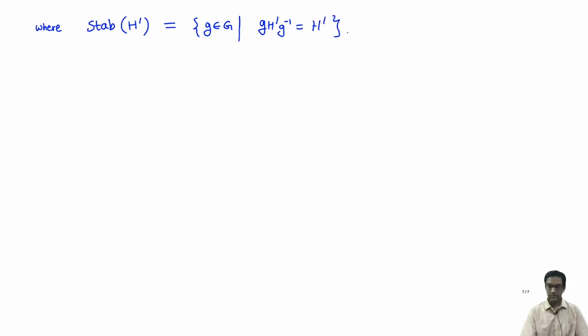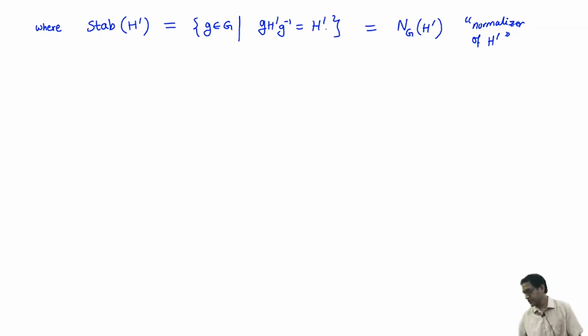So G H prime G inverse should equal H prime, and this is what we usually call the normalizer. This is sometimes called the normalizer of the subgroup H prime. In general, the normalizer of a subgroup is nothing but the stabilizer of that subgroup under the conjugation action. So we are talking about the normalizers in this case.